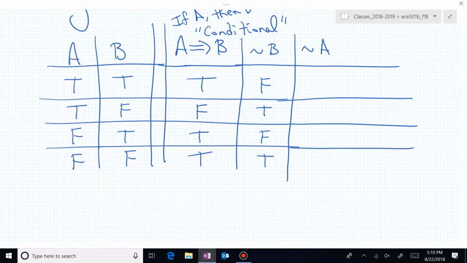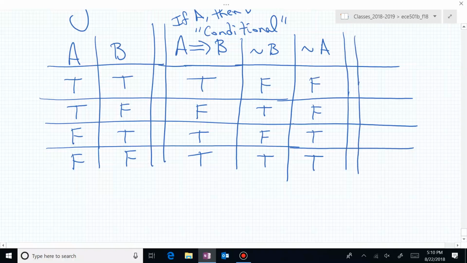And now we just negate the A column. So now we're false, false, true, true. And this column here is going to be not B implies not A.